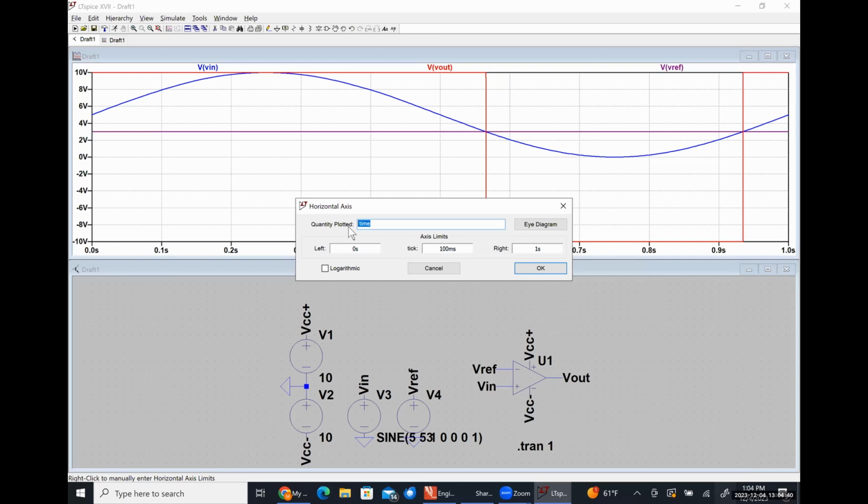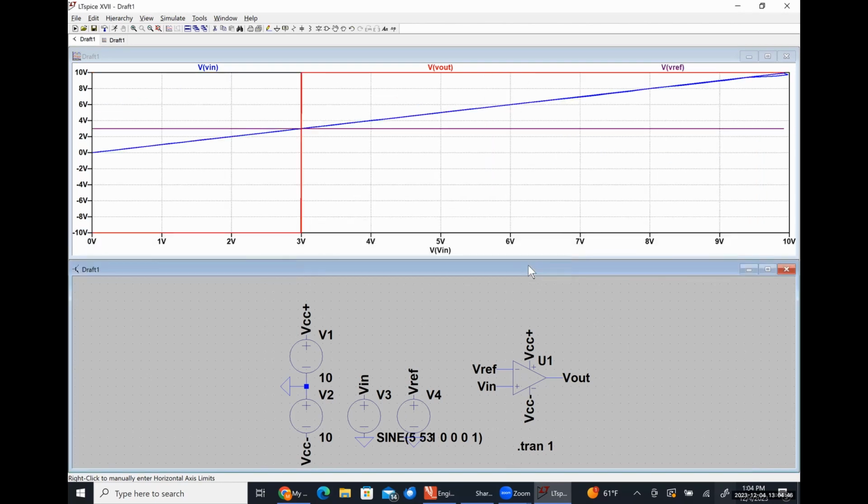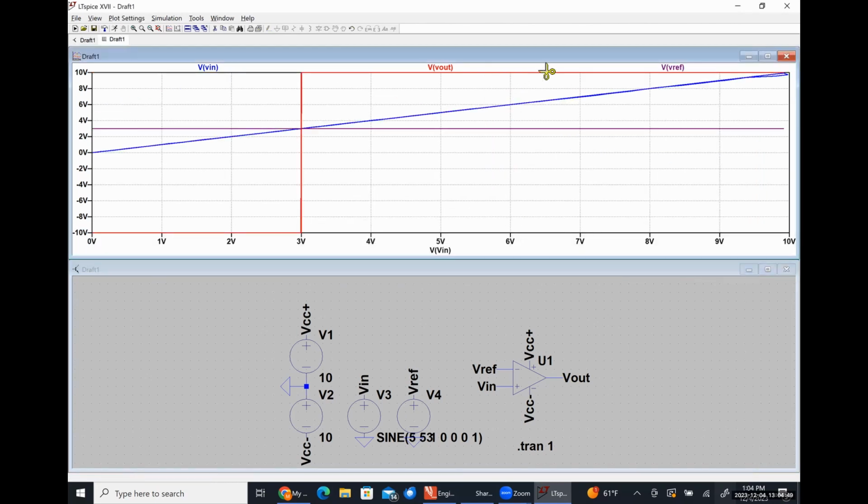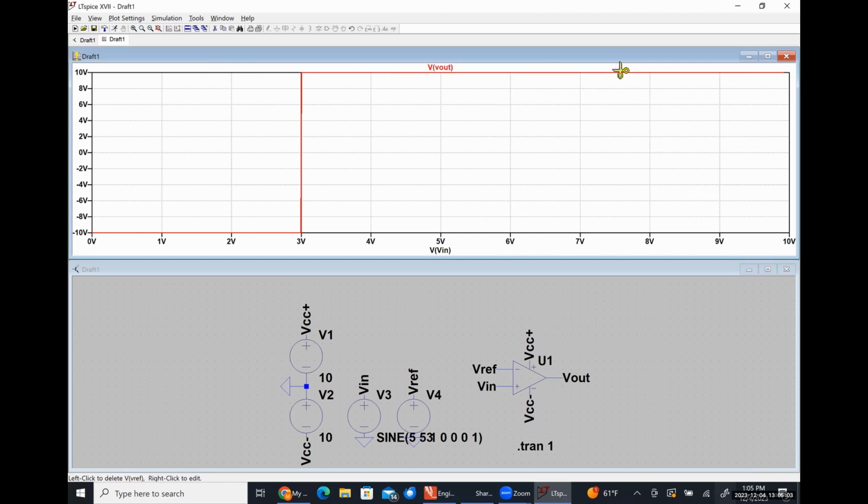I'm going to change this to plot against the voltage V of Vn. And I'm going to delete Vn from the graph because I don't need Vn versus Vn. That's just a line with a slope of 1. And I also don't need my reference voltage here because it's already up there, effectively.